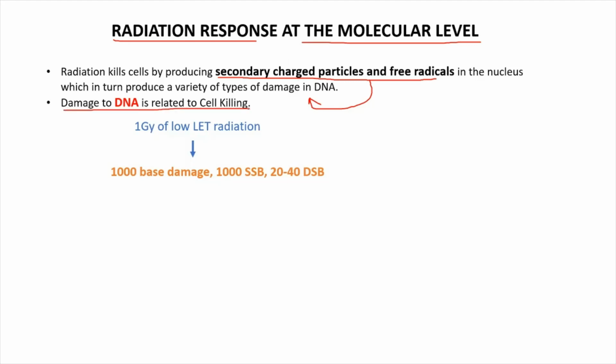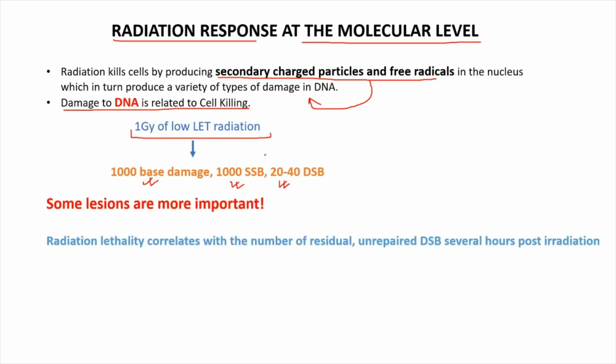For example, if you give 1 gray of low LET radiation, it produces 1000 base damages, 1000 single strand breaks, and 20 to 40 double strand breaks. Because of the absorption of this 1 gray of radiation by the cell, these lesions are produced. But not all the lesions are equally important. Some lesions are more important.